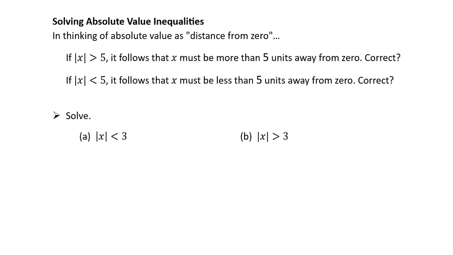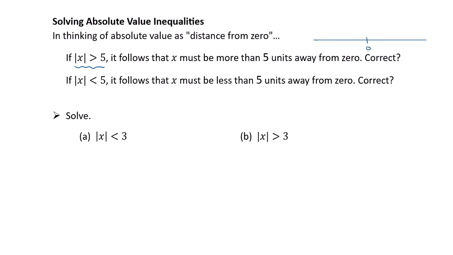Now let's look at solving absolute value inequalities. In thinking of absolute value as distance from 0, if we have this statement, the absolute value of x must be greater than 5, it follows that x must be more than 5 units away from 0, correct? Let's think of x as the solution that we want to shade.